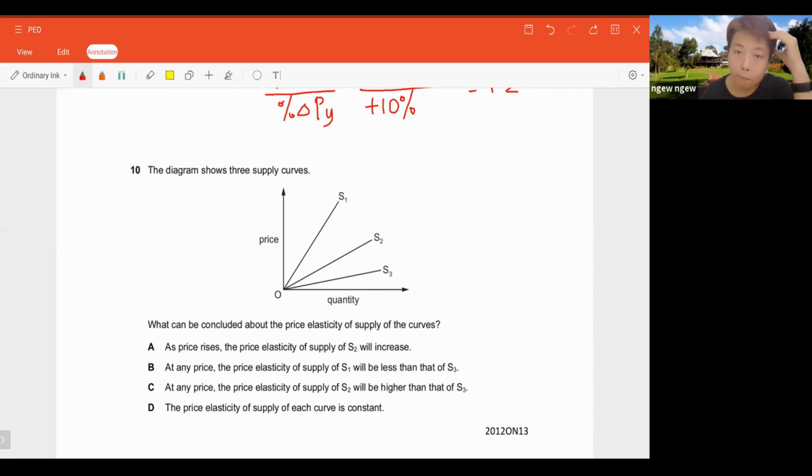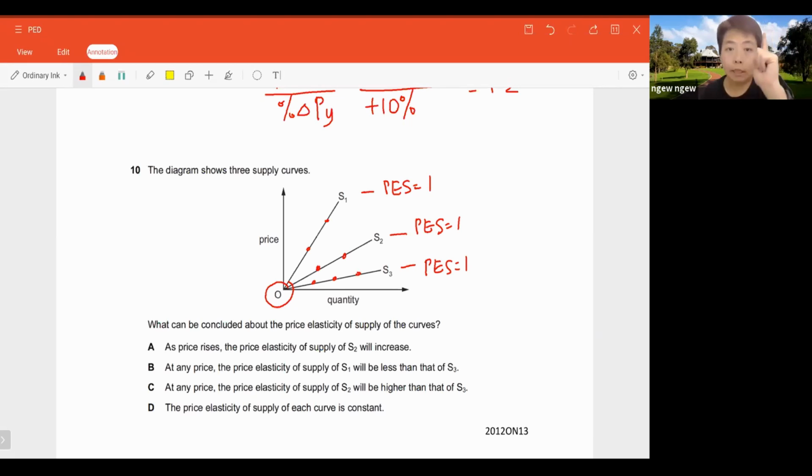Now, when the supply curve is connected to the origin, or starts from the origin, regardless of the gradient, whether S1, S2, S3, whatever the gradient, along the entire curve the PES is always equal to 1, regardless of the prices, okay? So that's the important special feature of the supply curve.